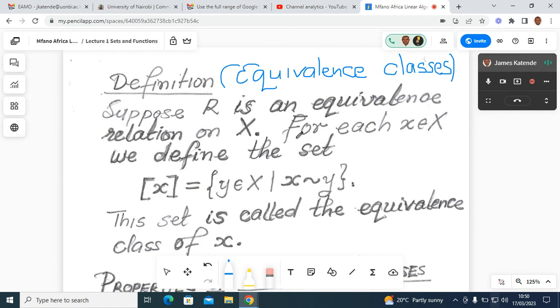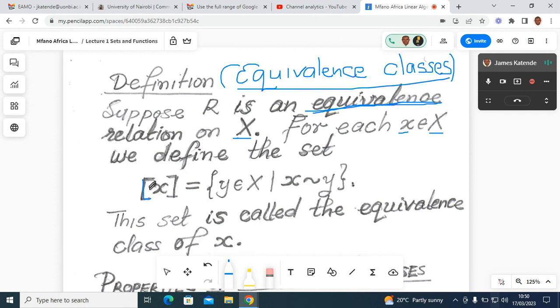Anytime you have an equivalence relation, not just any relation, it must be an equivalence relation, a relation that is reflexive, symmetric, and transitive, then you can define this concept of equivalence classes. So suppose you have an equivalence relation, which you must have established first, on a set X. We pick an element, this small x, in the set, capital X, and define the following set.